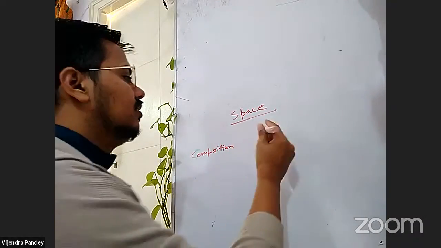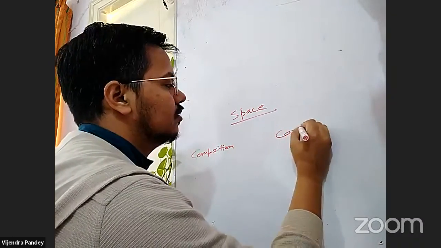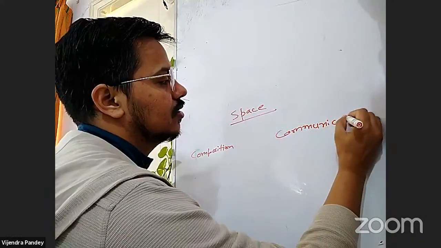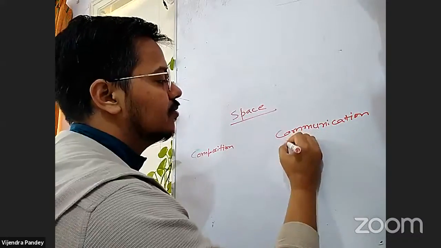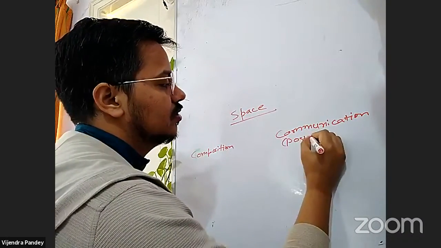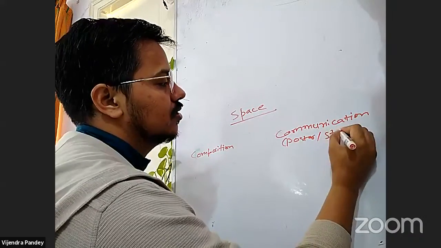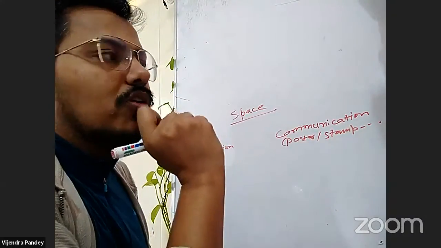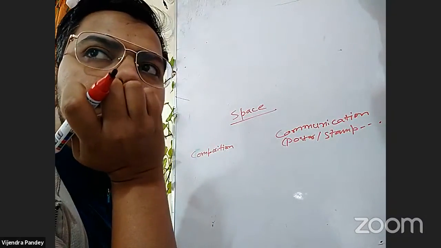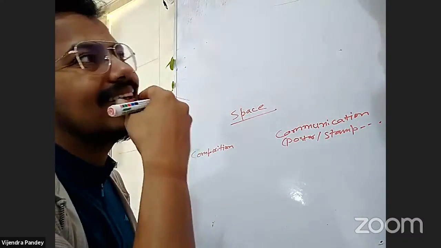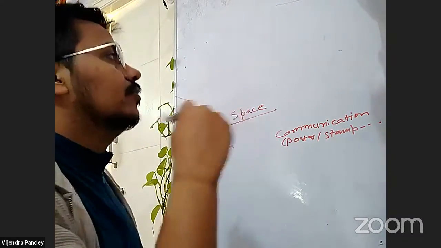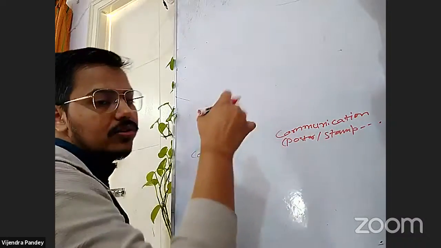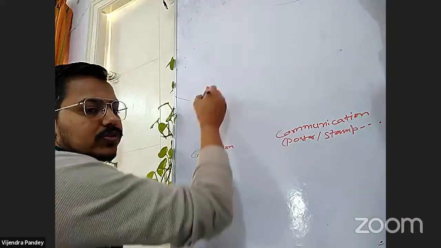One is going to be communication design, where there will be posters, stamps and all this stuff. Where else are you going to use composition in the examination? In the grid and color questions you solve, there also you're going to use composition.